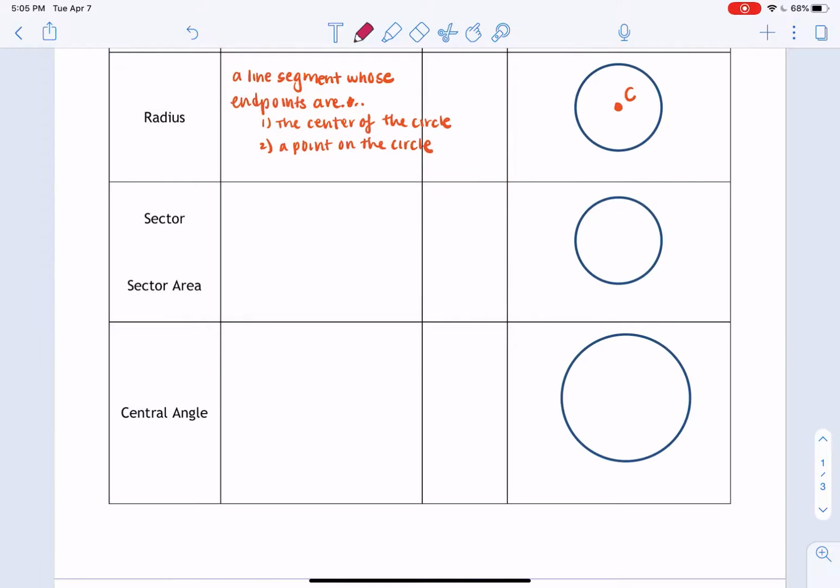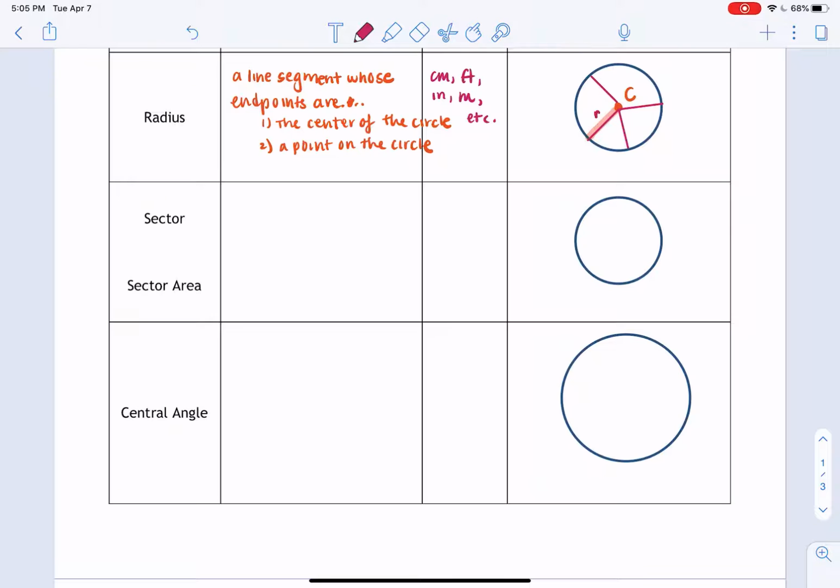So what does that look like? It looks like a little line going out like that. This is a radius. This is also a radius. This is a radius. This is a radius, and we usually write a little r. And this is again centimeters, feet, inches, meters, etc.